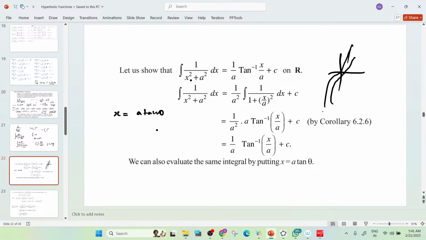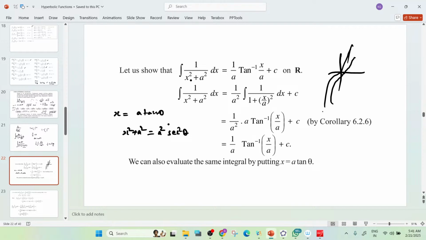Why are we doing a tan theta? Because x squared plus a squared will become a squared into 1 plus tan squared, that is a squared secant squared. So a squared secant squared is in the denominator.